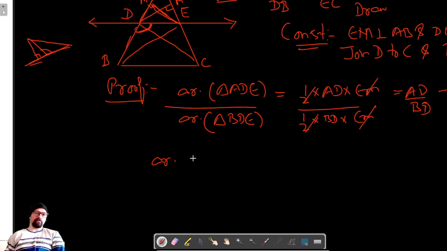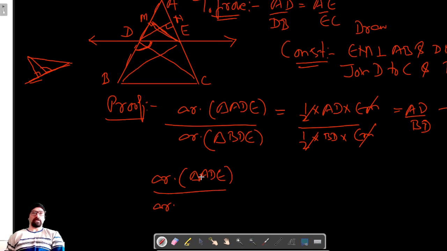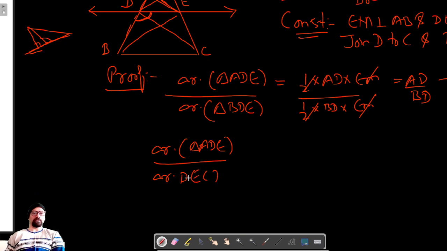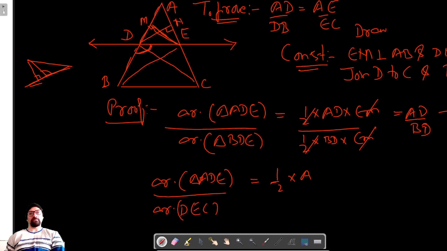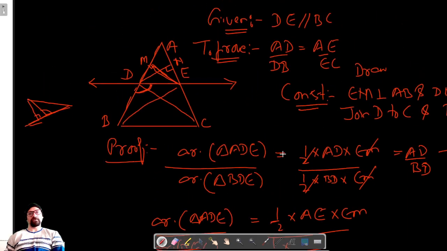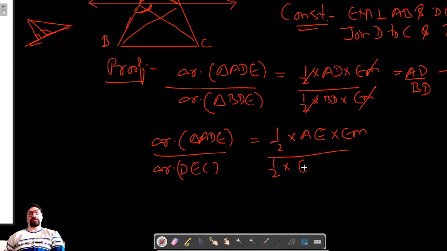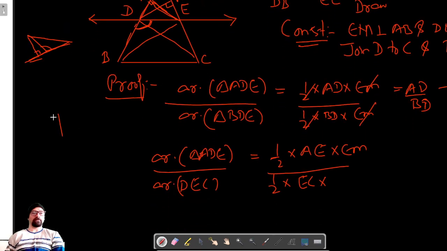Similarly, I'm once again going to find the ratio of the area of triangle ADE, and this time with triangle DEC. For triangle ADE, I'm going to take base AE, and the height is DN, so half into AE into DN. For triangle DEC, base is EC, and it's also an obtuse angle triangle, so its height is outside.